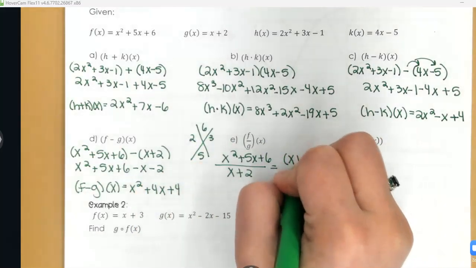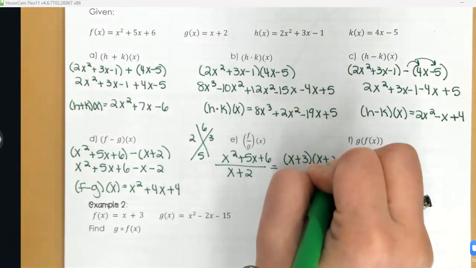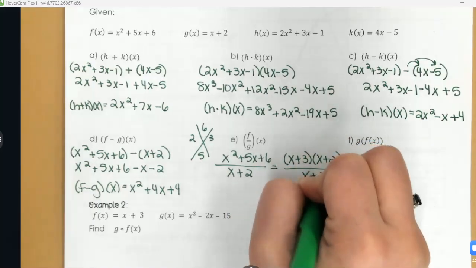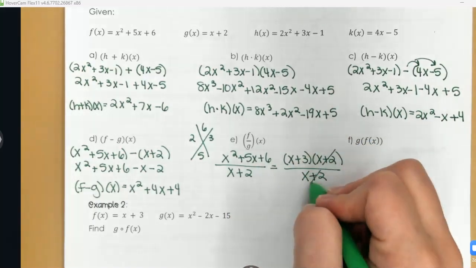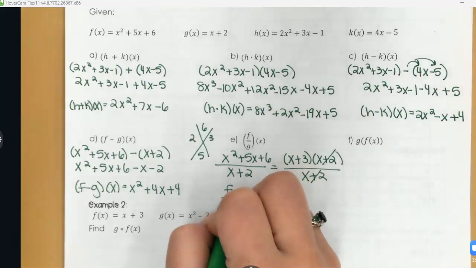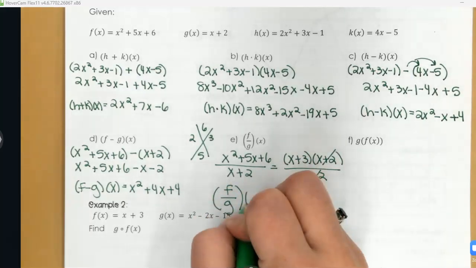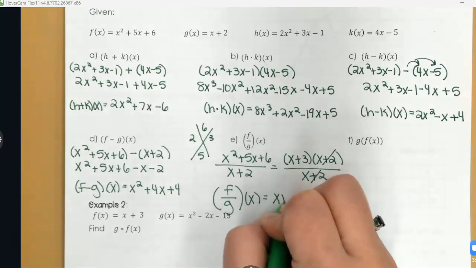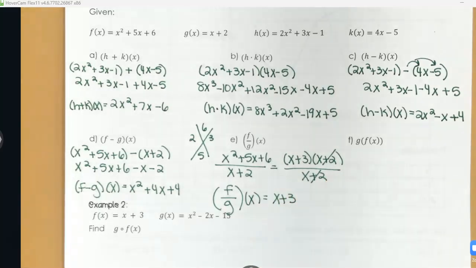So this factors to x plus 3 times x plus 2. I do now have a common factor with my denominator that I can divide out. So f over g, or f divided by g of x, will leave me with just x plus 3.